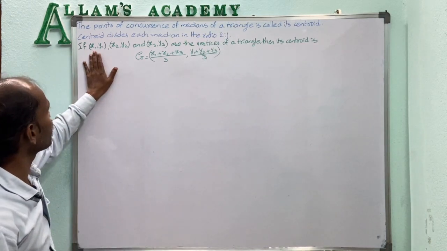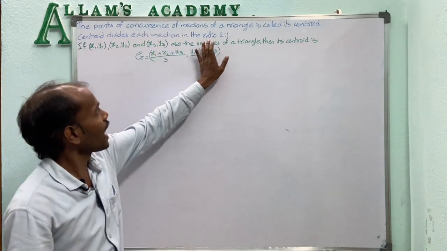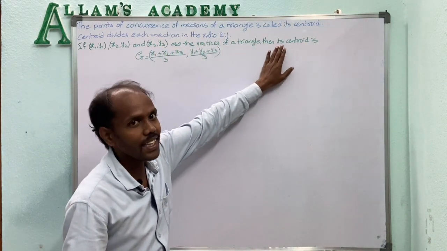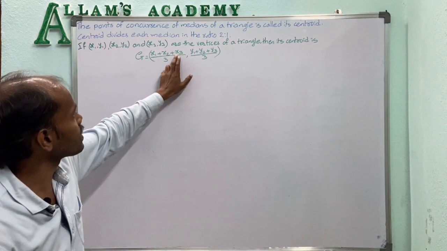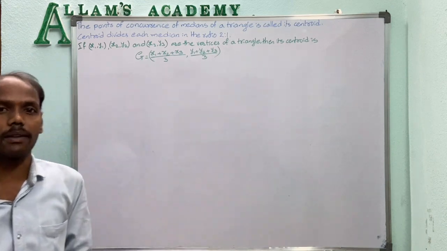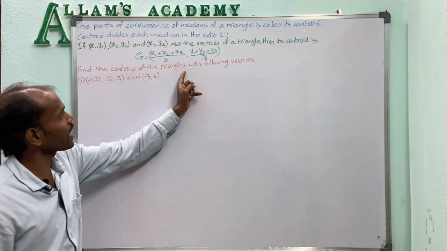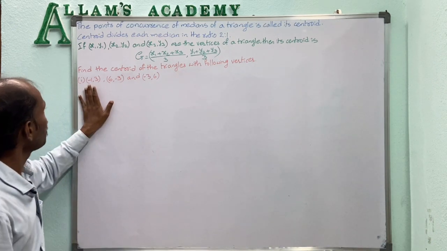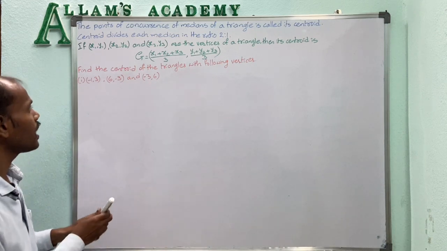If A of x1 y1, B of x2 y2 and C of x3 comma y3 are the vertices of a triangle, then its centroid is G equal to (x1 plus x2 plus x3) by 3, (y1 plus y2 plus y3) by 3. Find the centroid of the triangle with the following vertices: minus 1 comma 3, 6 comma minus 3 and minus 3 comma 6.